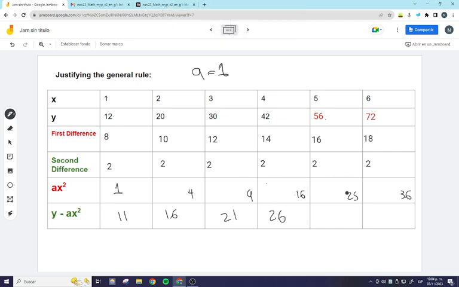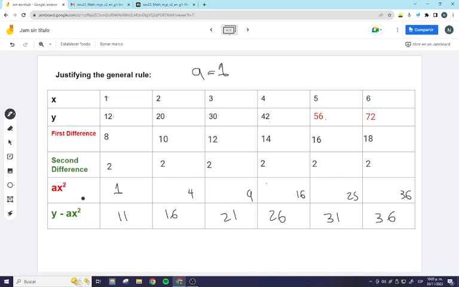What is 56 minus 25? That would be 31. And 72 minus 36, that will be 36. Okay? So why did we do this?